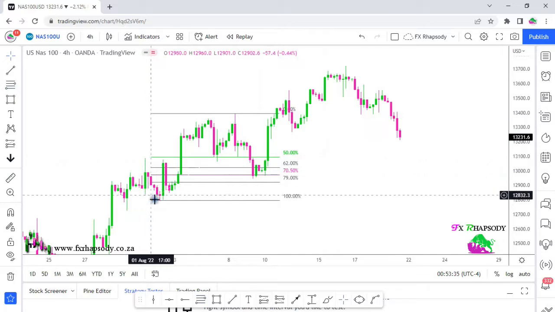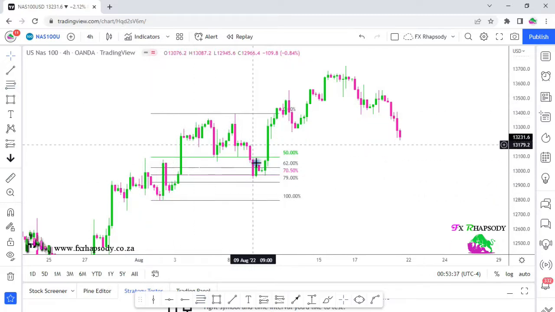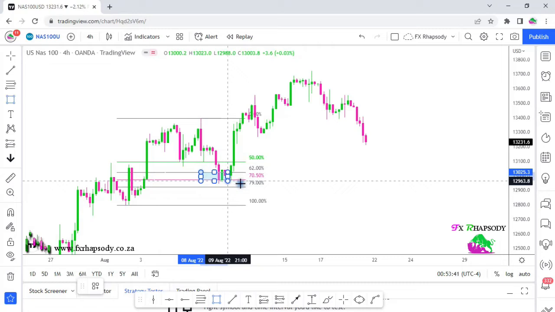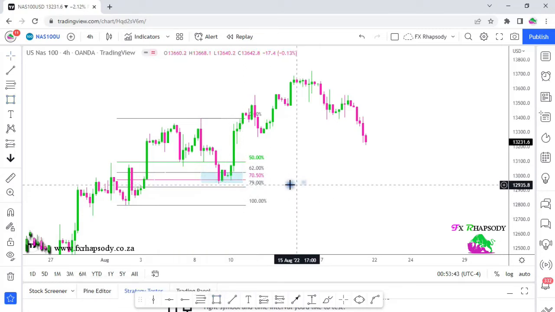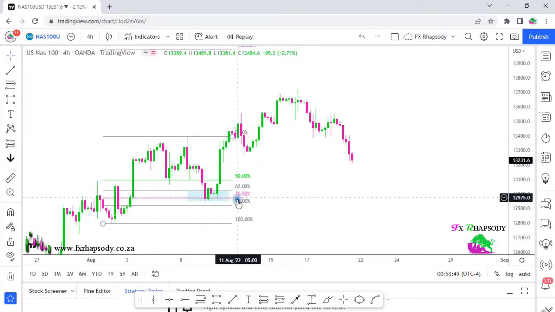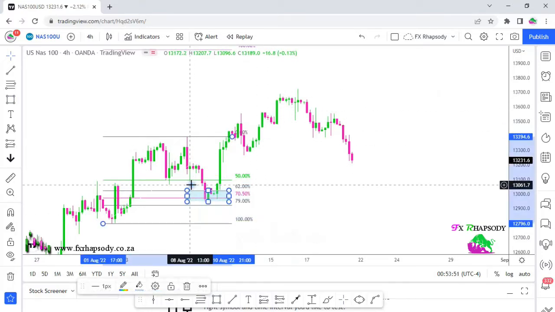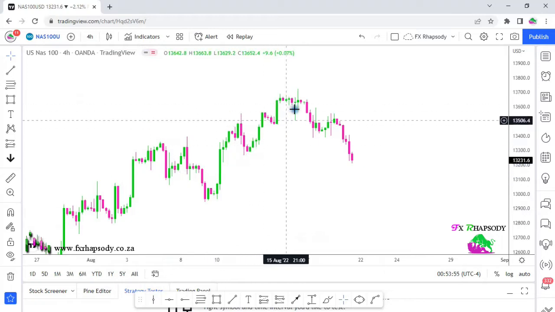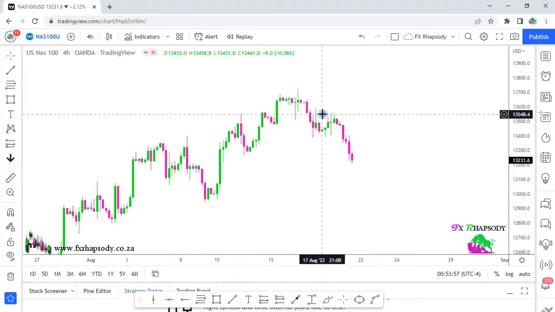So swing low, swing high, Fibonacci coming down very nicely, retracing back into the 62 to 79% area, where you could have taken a nice little buy, as you could see price moving up to that side. Then we had price going up, then consolidating, and then going down.